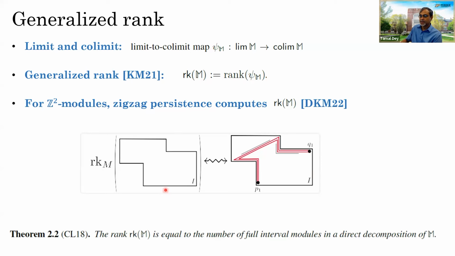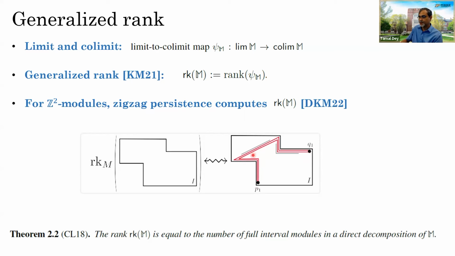Okay, so what was known, what we did in the past, like 2 years back, for Z2 modules, zigzag persistence can compute this generalized rank. For a two-dimensional module, in this case, what we proved is that you can take a zigzag path starting from a point P1 on the boundary, and I'll not go over the details of how to compute the path, to another point Q1 on the boundary of this interval, and you define a zigzag module on this path.